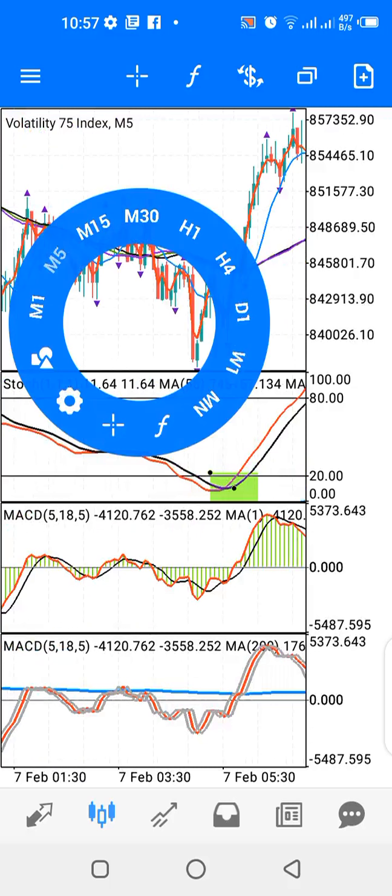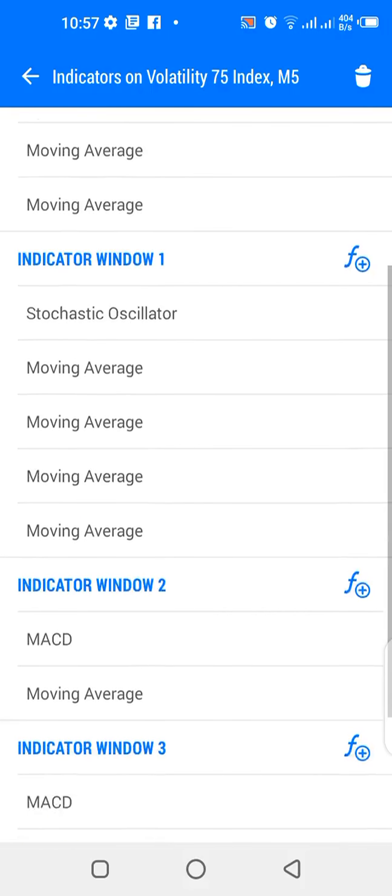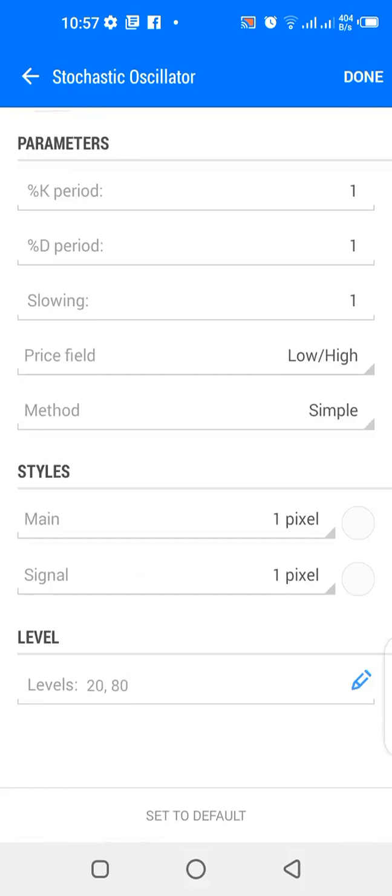Let's look at the settings. We have stochastic oscillator indicator. Percentage K period is 1. Percentage D period is 1. The slowing is 1. Price field is low to high. Method is simple. Now the color of the main style and the signal style will match the background color of the chart.